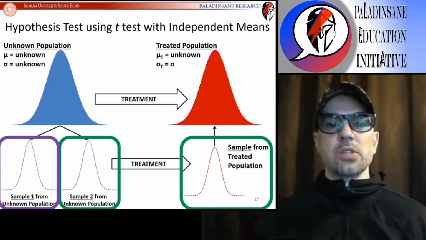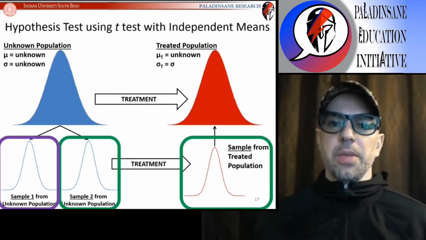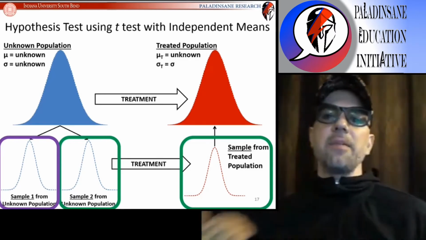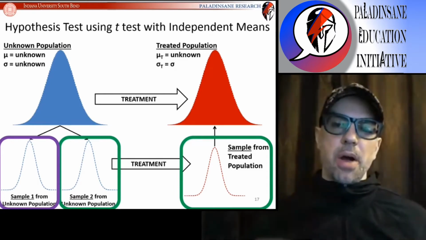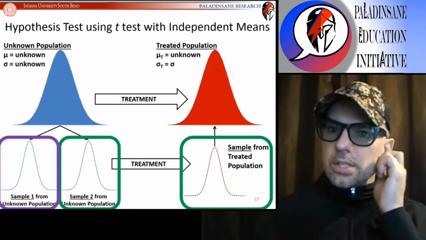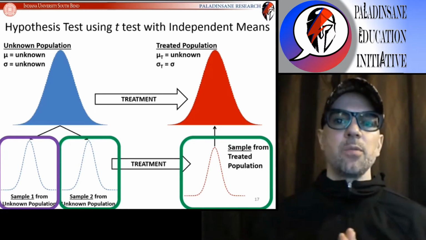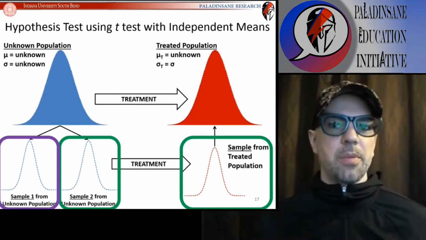So we're going to be using sample 1, its sample mean, and then sample 2 after treatment. Basically, the bottom line is we have two groups of subjects, each measured one time, and they give us independent samples with independent sample means.